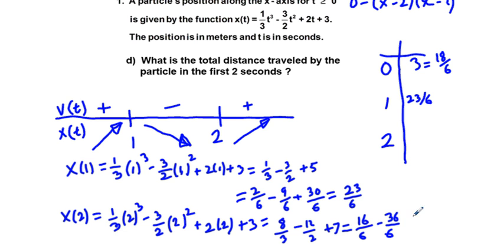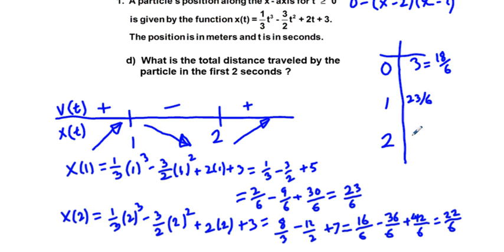And then plus 7, which is plus 42 over 6. 16 minus 36 will be negative 20, and negative 20 plus 42 is going to be 22 sixths.